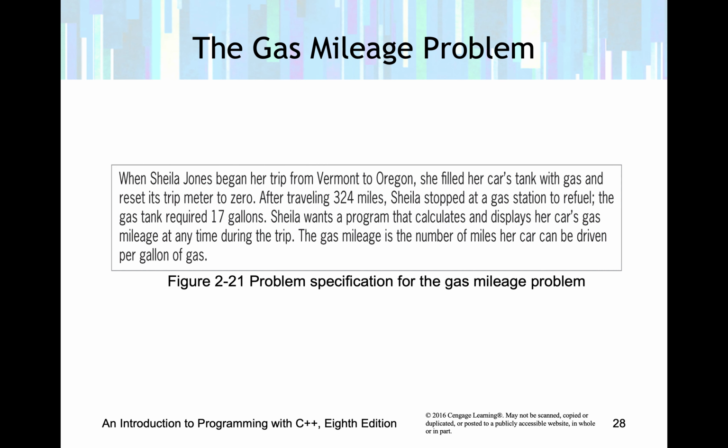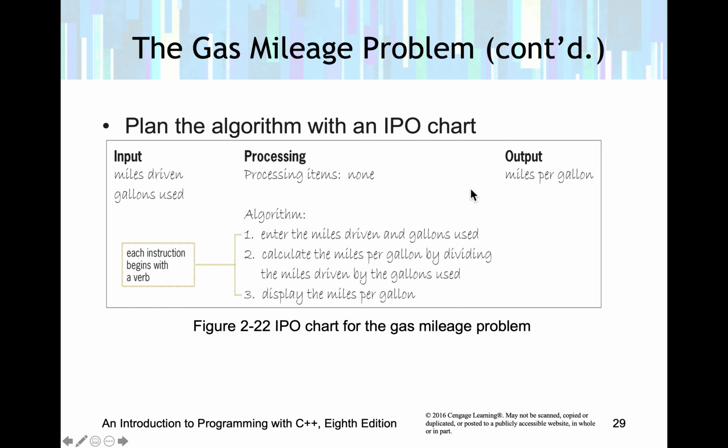So let's see how they did it. Here we have miles per gallon. So anytime in the trip, if she types in the miles driven and the gallons used, it's going to tell her how many miles she's getting per gallon.